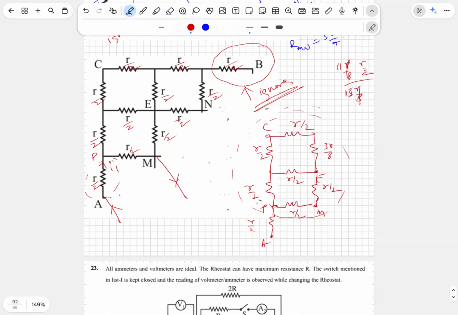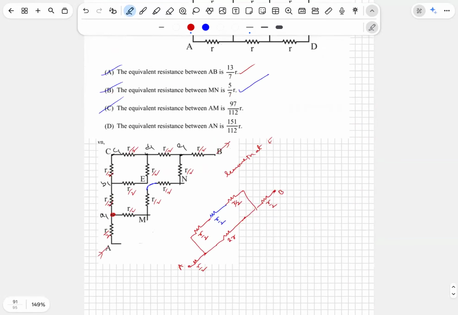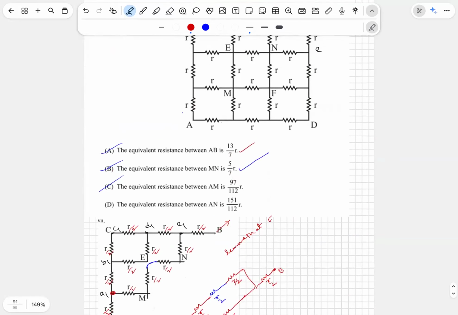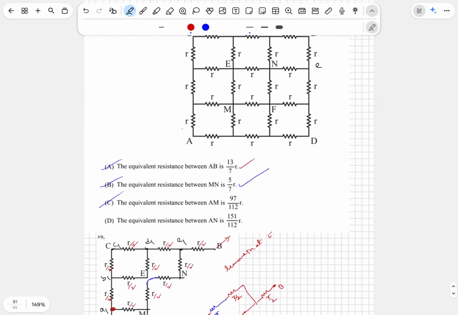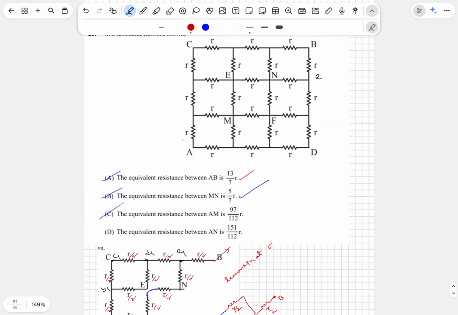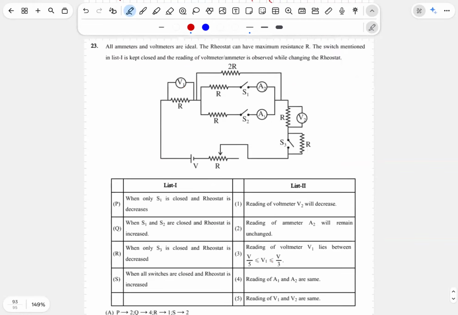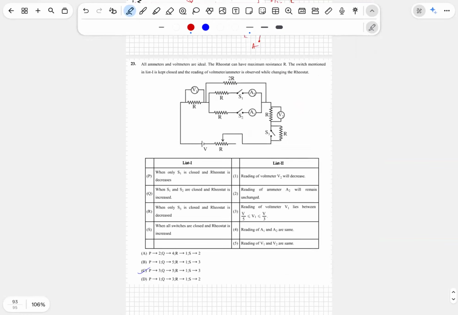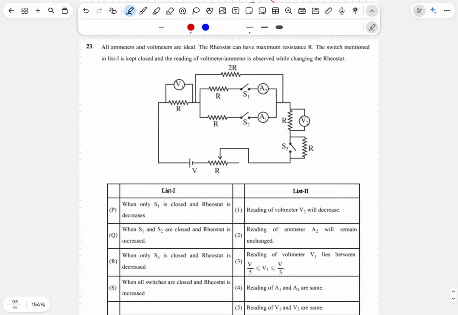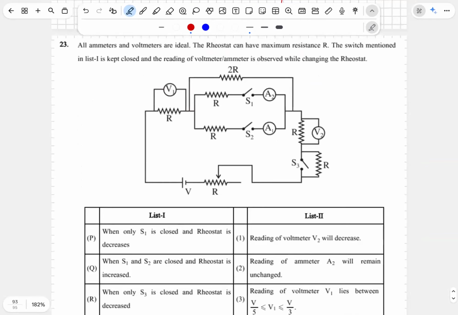Done? Clear? Boys and girls, three different circuits. AN is same as MB. Try that at least. I don't find space here. Right. 23.